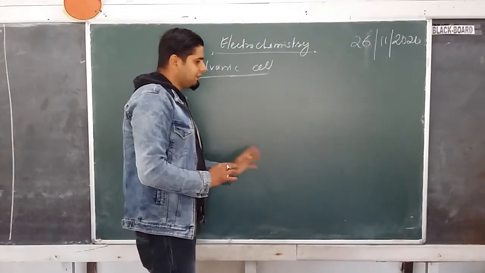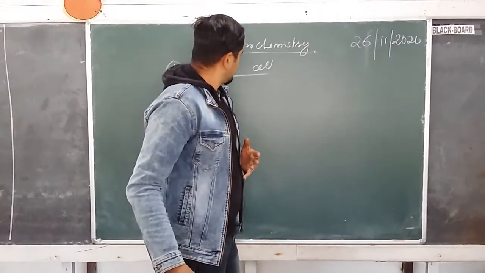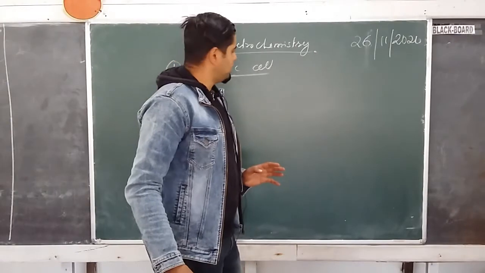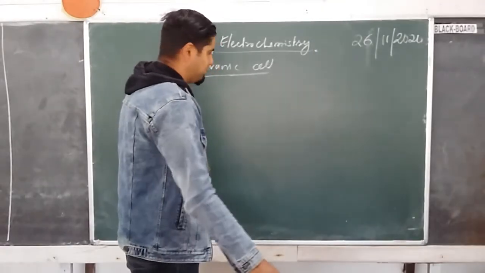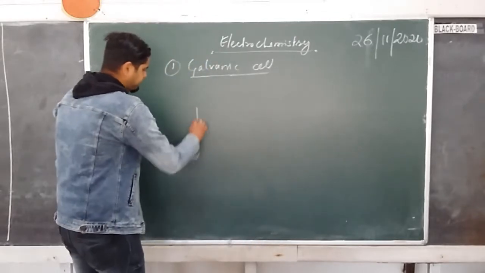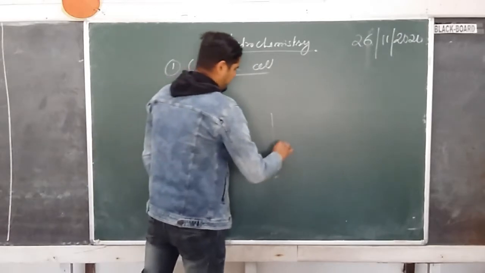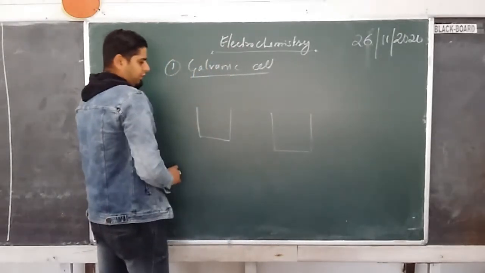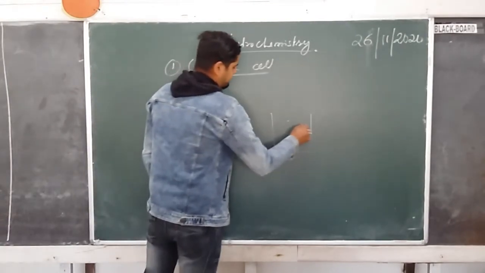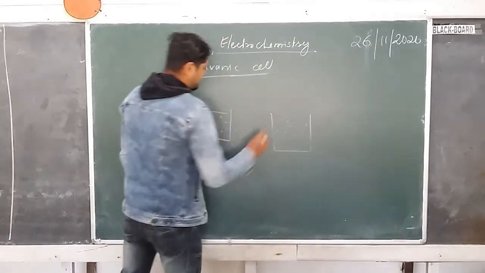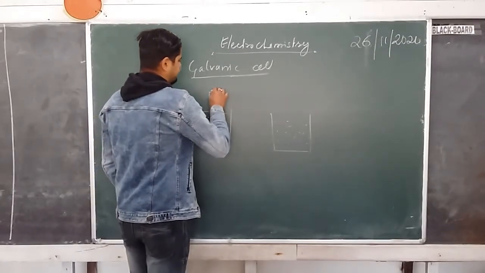So in a galvanic cell, electric current or electricity is generated by the chemical reaction. Got it? So I'll give you a very simple example. Two electrolytes. Zinc electrode.